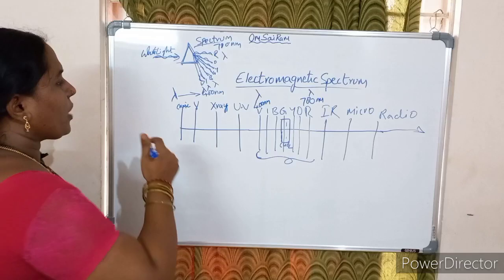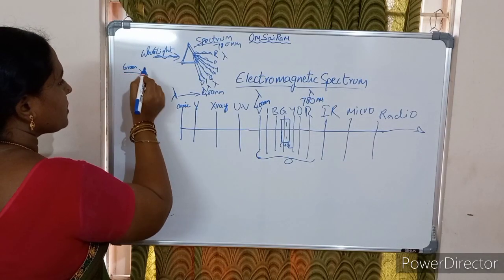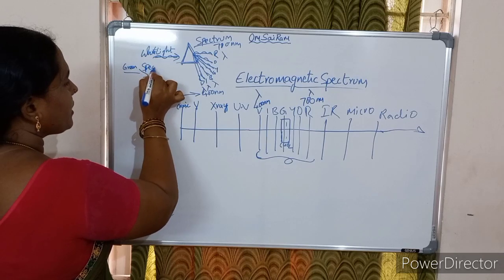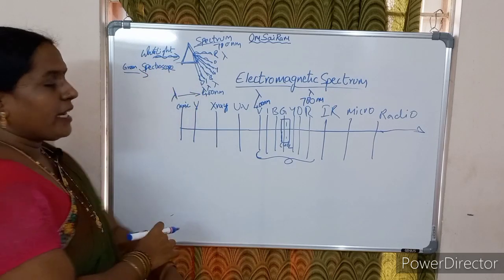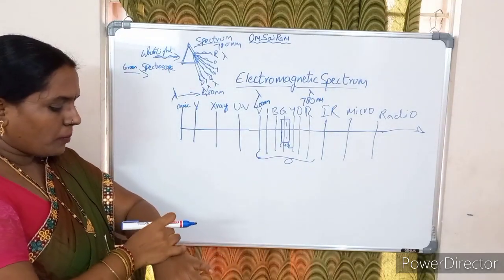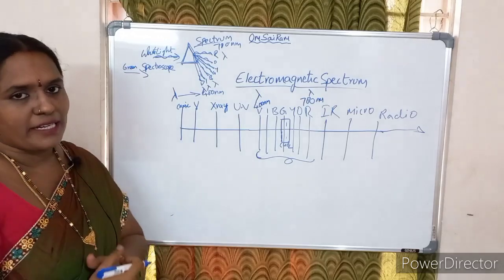Similarly, cupric chloride has given green color. When it is observed in a spectroscope, we can see the different wavelengths present in one particular light.